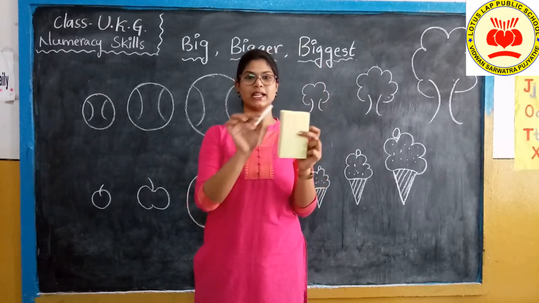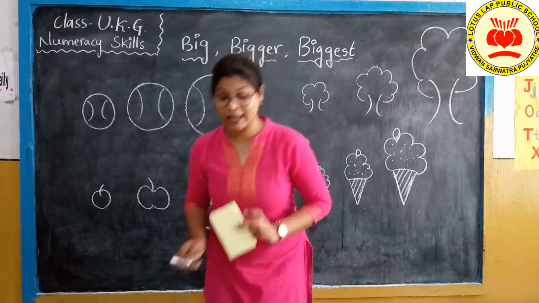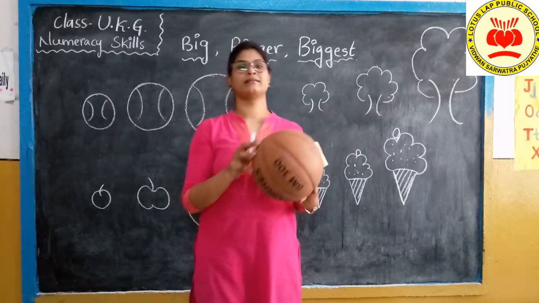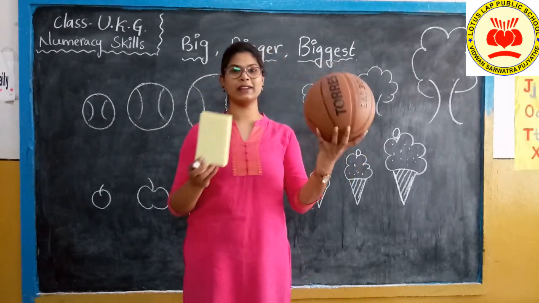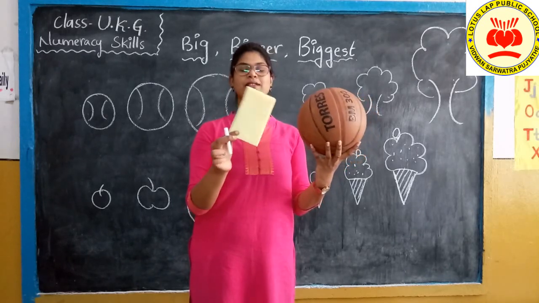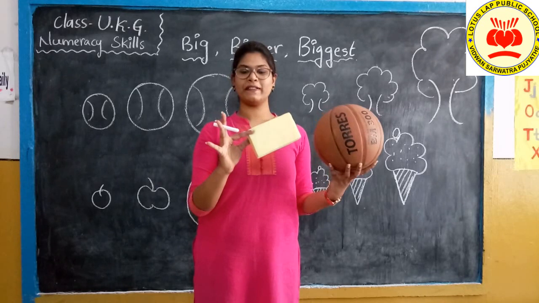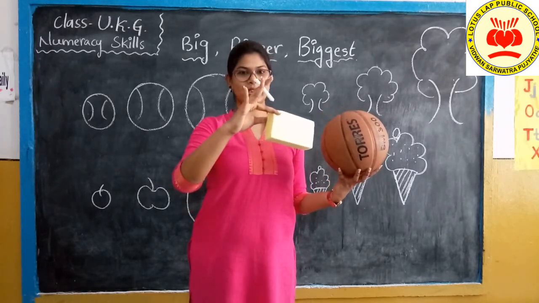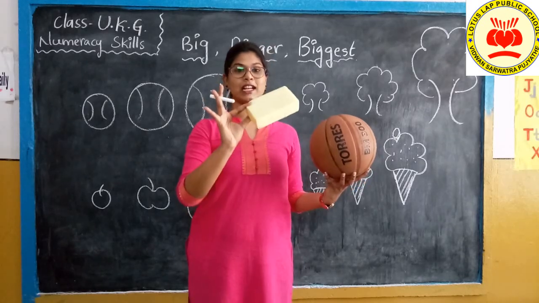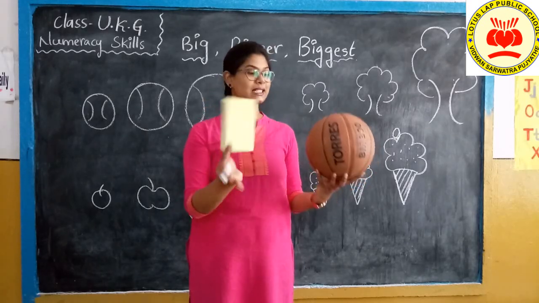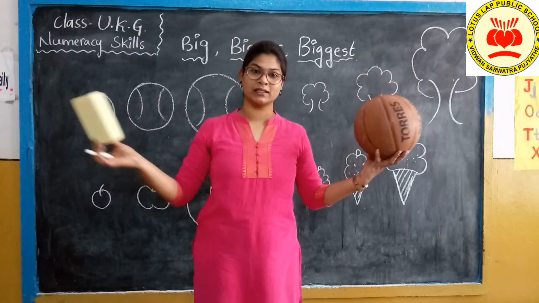This comparison is bigger. Big, bigger. And the next size. If I compare this ball with this duster as well as with this chalk, what will we say? Chalk is big, duster is bigger. Duster is bigger than the chalk piece, and obviously ball will be biggest.